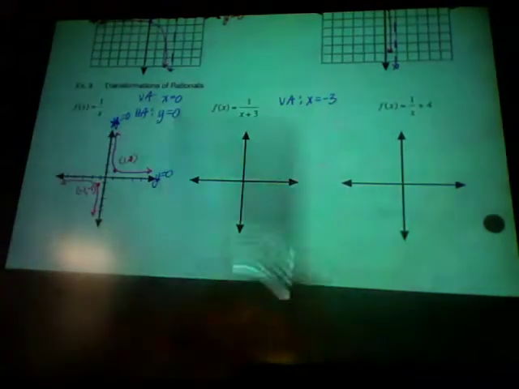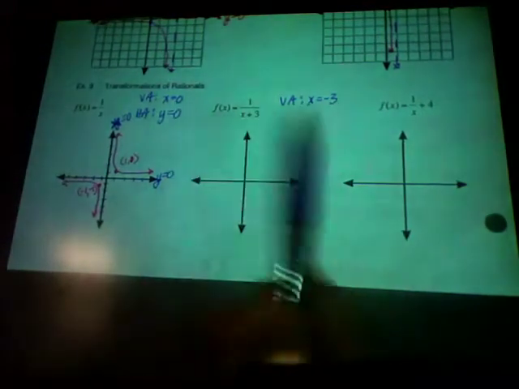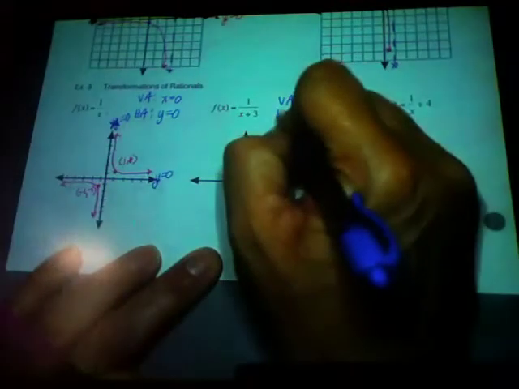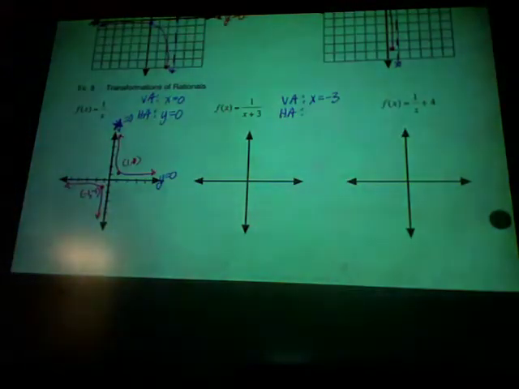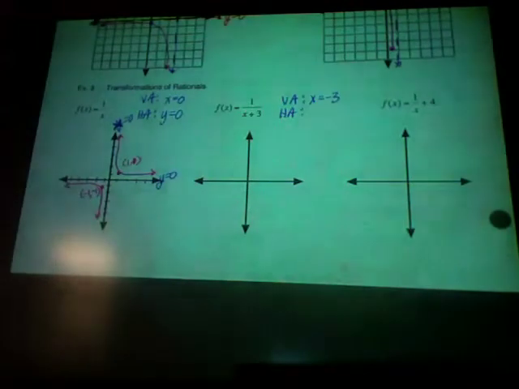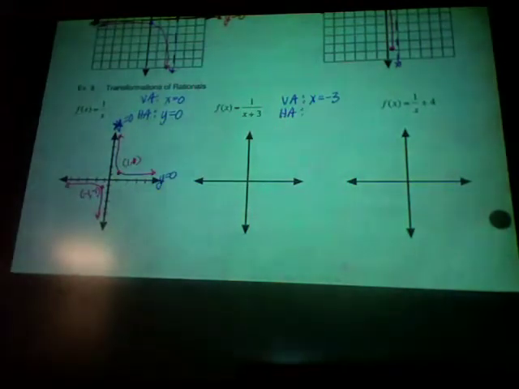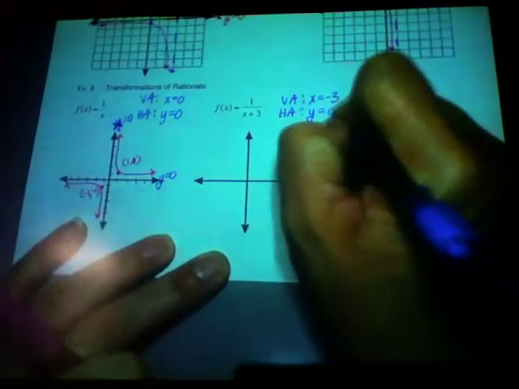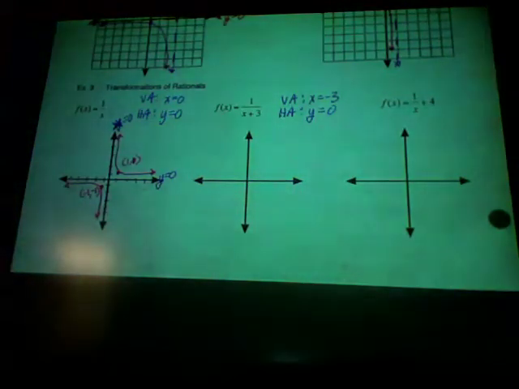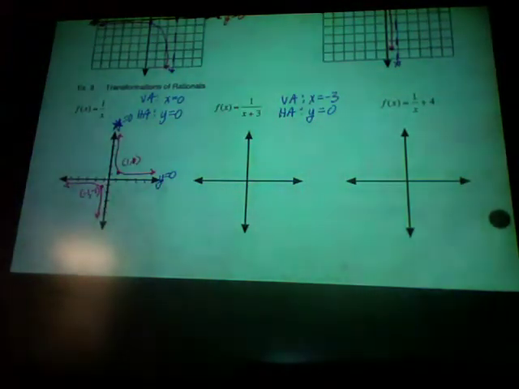So look at what happened. It moved our vertical asymptote. What's our horizontal asymptote? What's the degree of the numerator? 0. What's the degree of the denominator? 1. Is it the same as the horizontal asymptote before? Yeah. So what did the plus 3 do? Well, it moved it 3 to the left, didn't it?